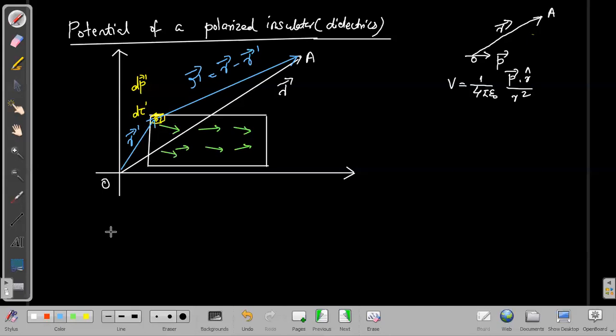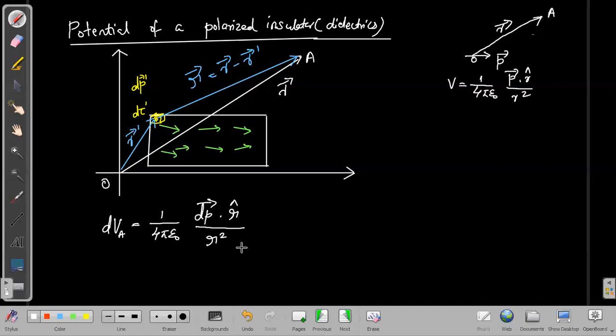Okay. So what is the infinitesimal potential at point A due to this infinitesimal volume of dipole moment? That will be equal to 1 by 4 pi epsilon 0 dp, which is the amount of dipole moment, dot the unit vector connecting the dipole moment to the field point. The vector connecting the dipole moment to the field point is script vector r, so the corresponding unit vector I can denote as script r cap divided by script r square.